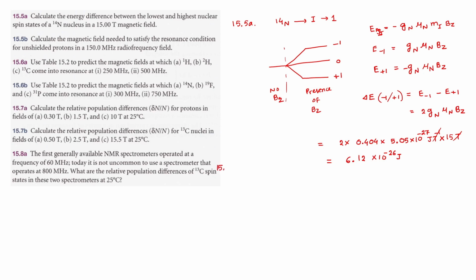Okay. Similarly we will try to solve 15.5b. What is the question? Calculate the magnetic field required to satisfy the resonance condition for unshielded protons in a 150 megahertz radio frequency. That is a different kind of question.